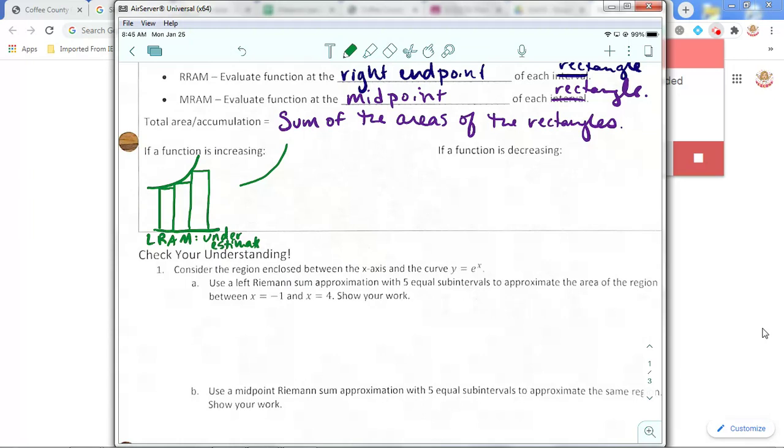All right, let me do a different color. All right, for the right rectangular approximation for an increasing curve, the right corner is sitting on the curve.